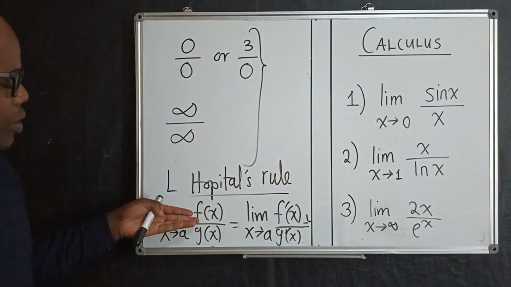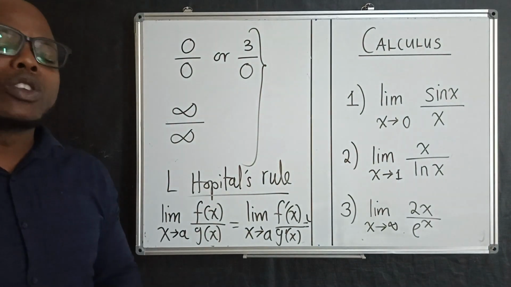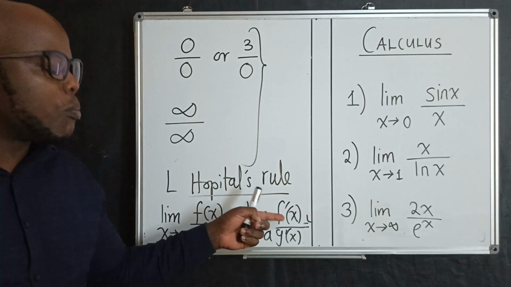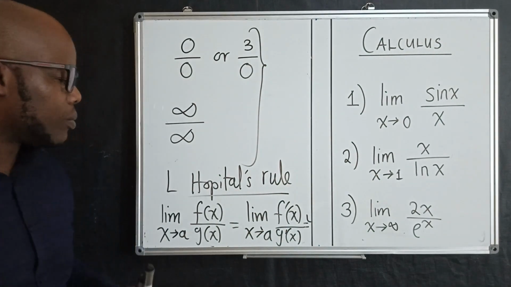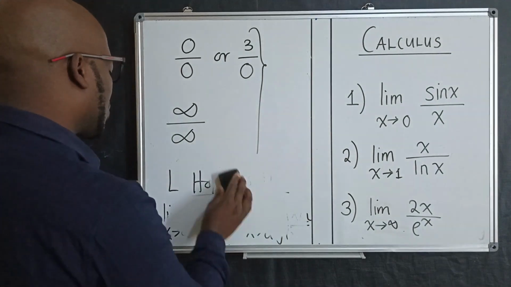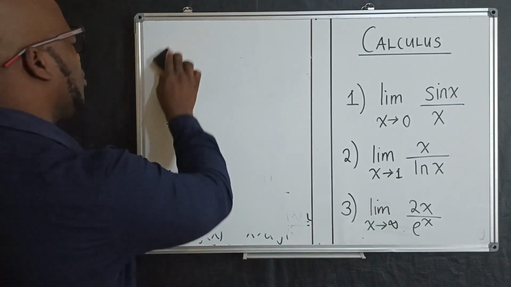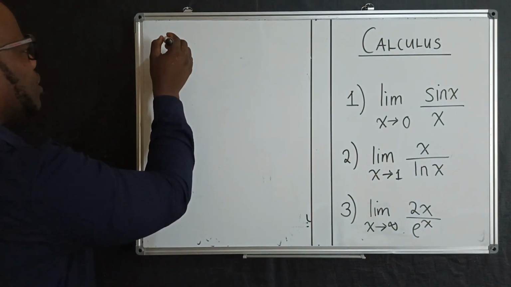So you have to first differentiate the top part. You also differentiate the bottom part, and this is what you're getting. You then plug in the x value. Okay, so let's start with the first question. The first question says that we find the limit.